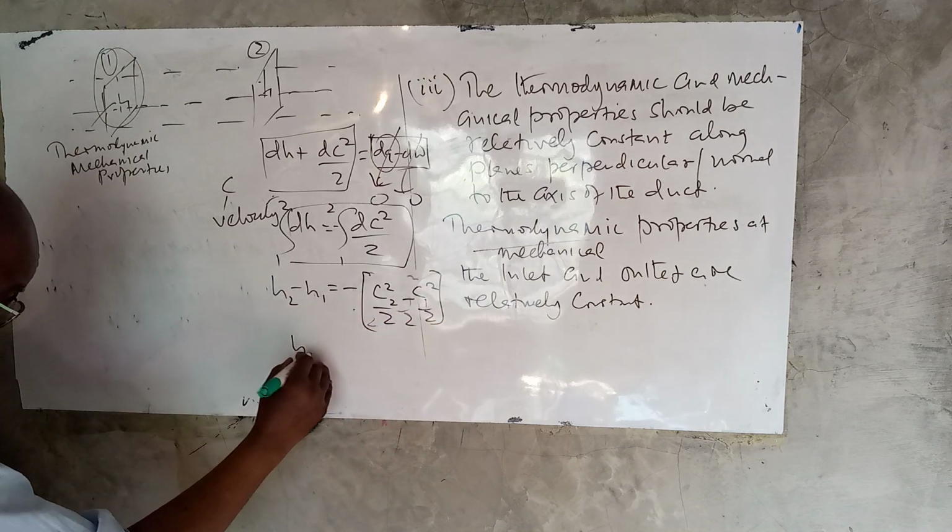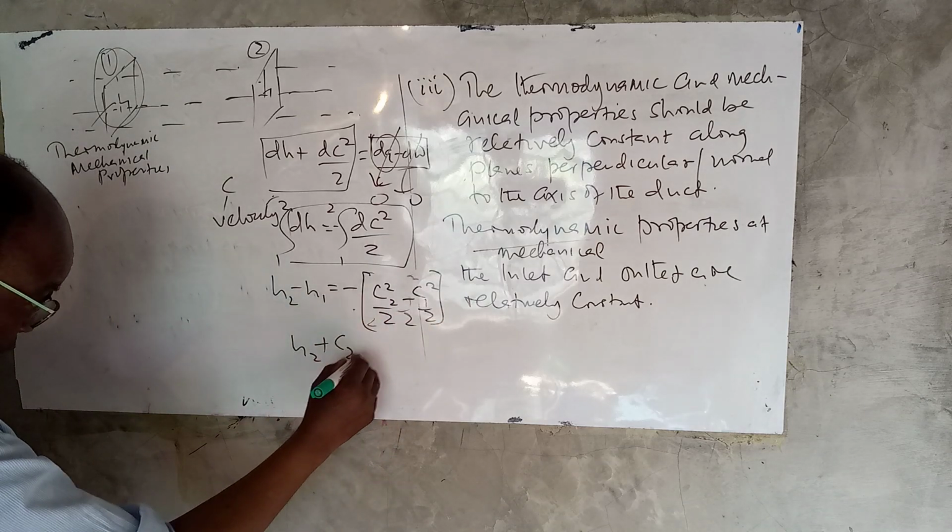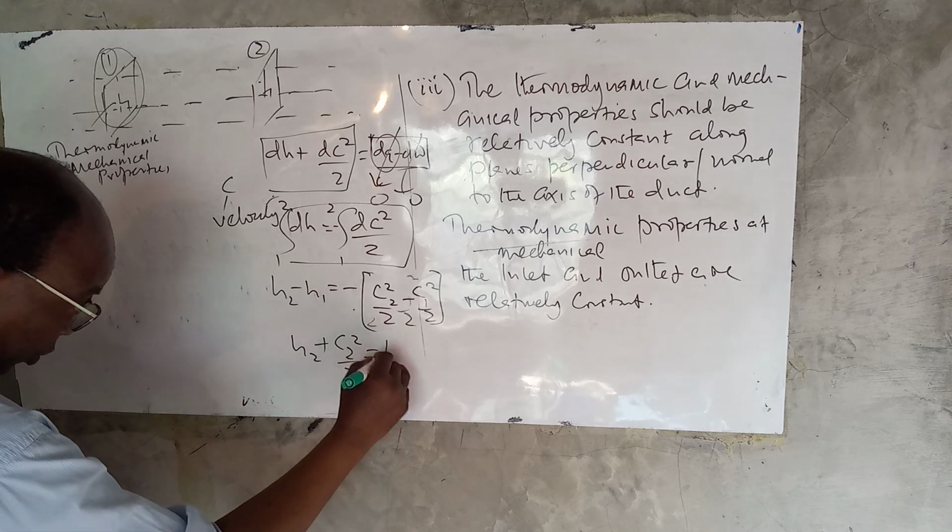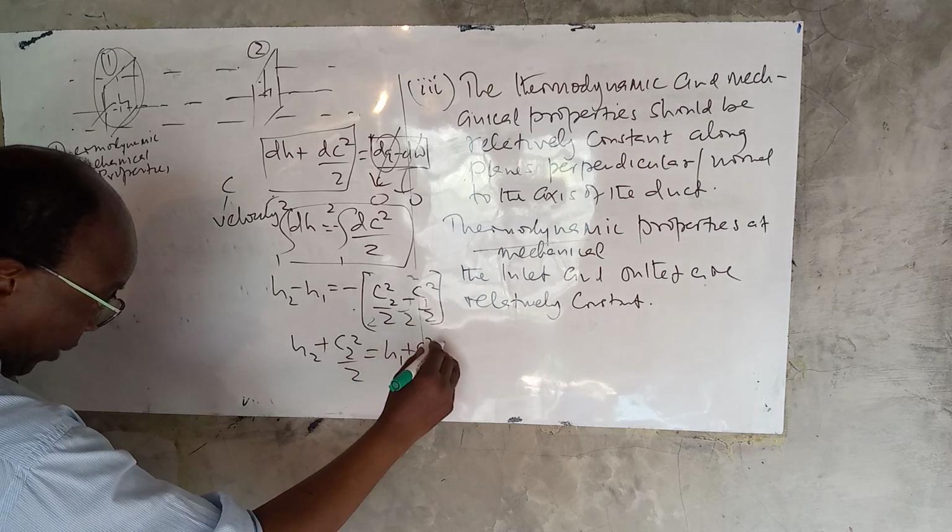So this will be h2 plus c2 squared over 2 is equal to h1 plus c1 squared over 2.